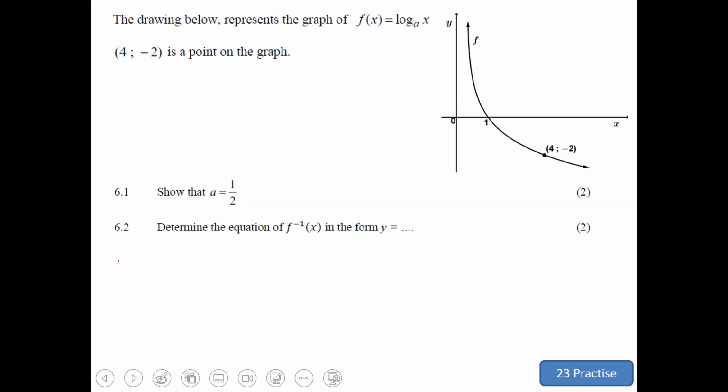So I'm going to give you some time. Let's give you a minute to get this question started. After a minute, we will come together.